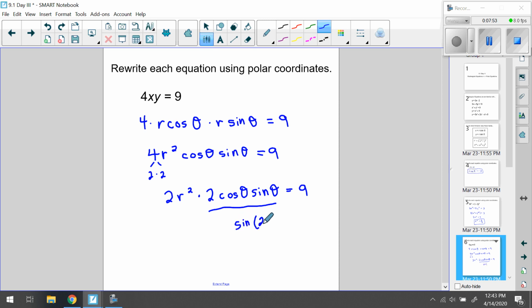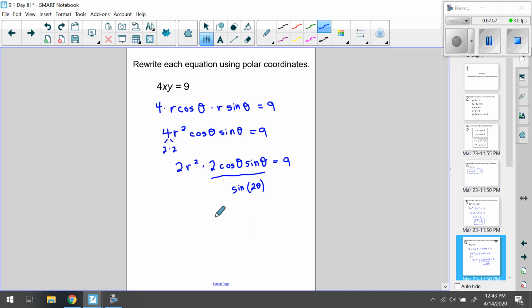And so if we wanted to get a little fancy here, we could argue that it would be simpler to maybe express our answer that way. Now we could say 2r squared is still part of our answer, times, instead of 2 cosine sine, we could say sine 2 theta, and then set that equal to 9.